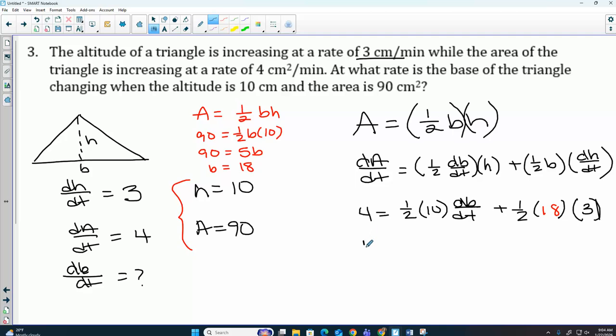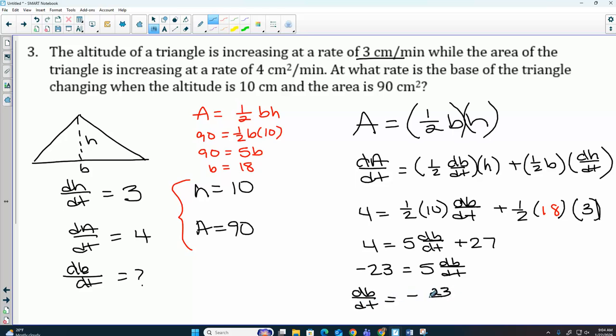So now if we solve this, subtract our 27, divide by 5, and we get negative 23 over 5.